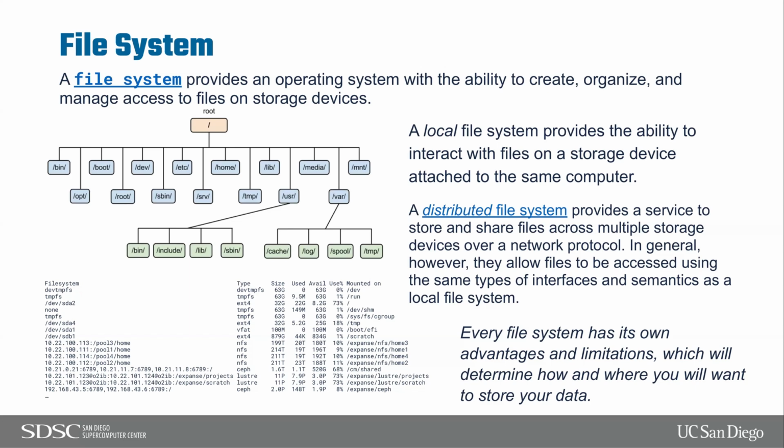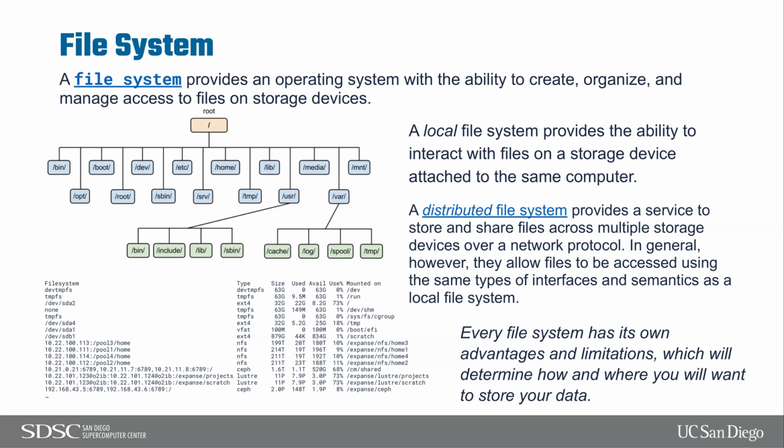The one you're more familiar with, working on your personal laptop or desktop, is local file systems. These are the file systems that your operating system uses to organize the data on the hard drive in your laptop or desktop.